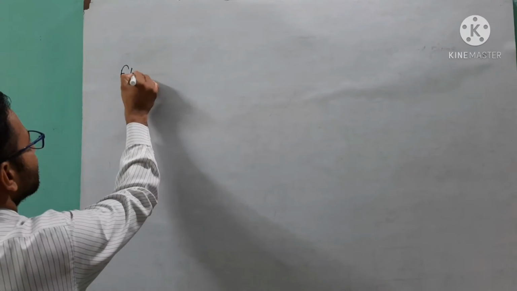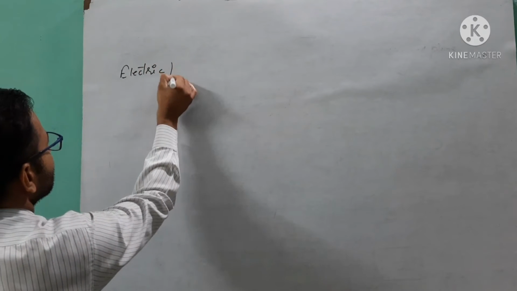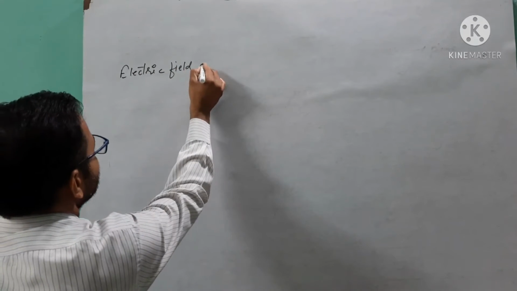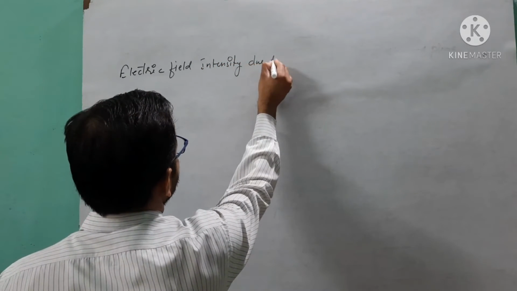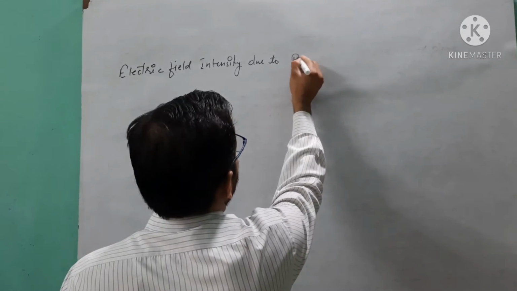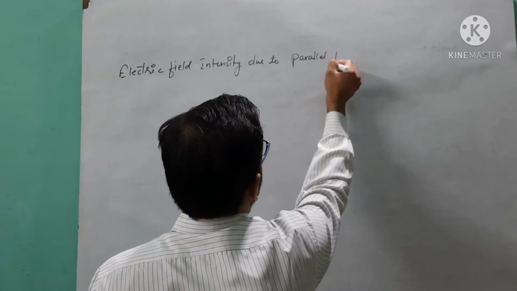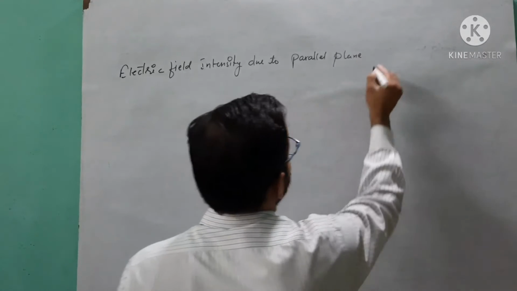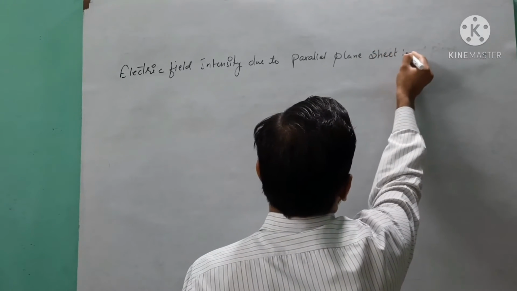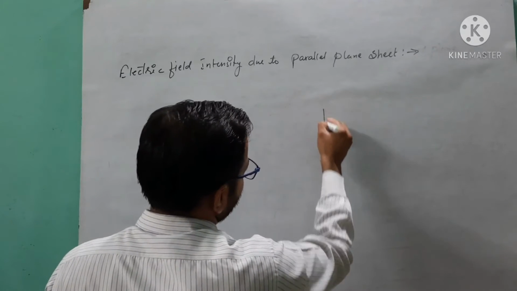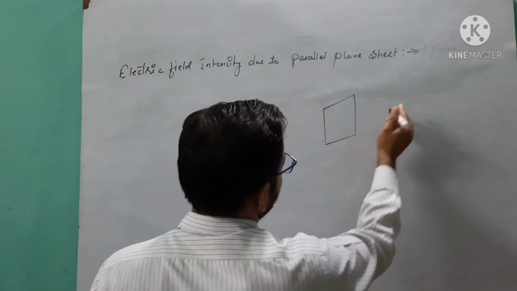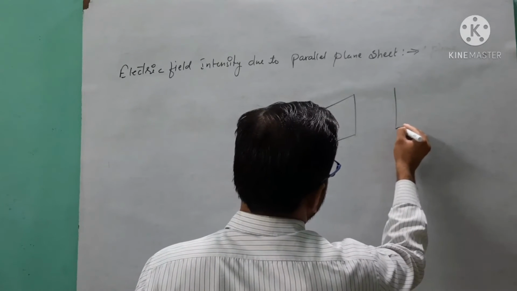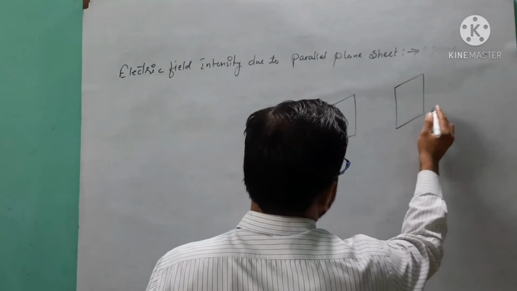So see, the heading is electric field intensity due to parallel plane sheets. For this derivation we have two sheets.